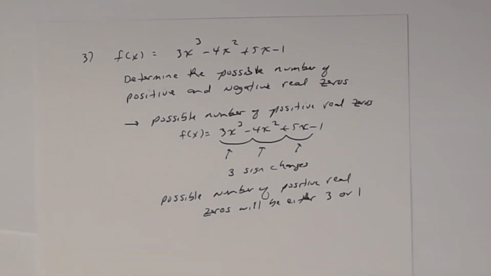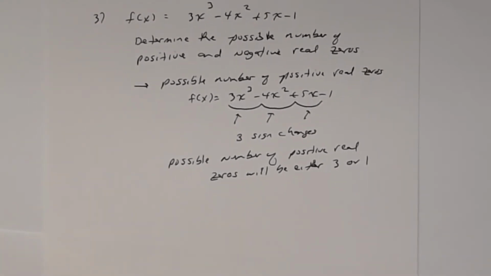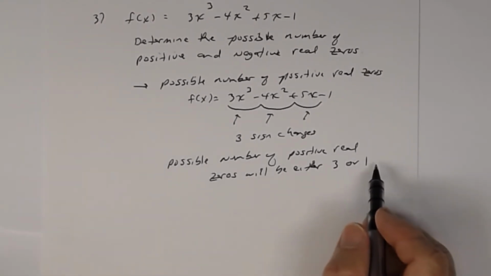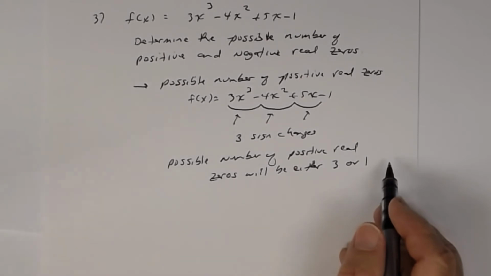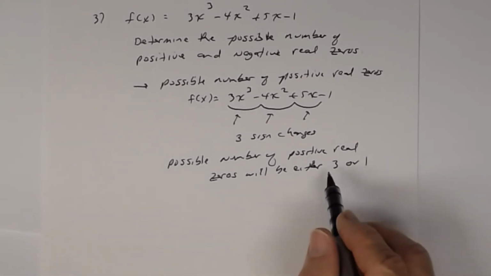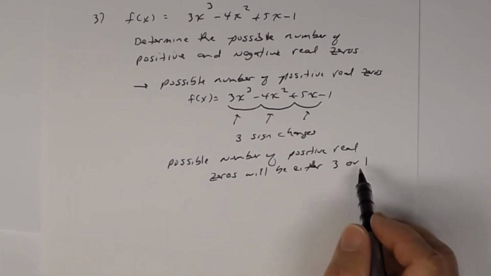You'll have either 3 or 1. You either stop at 1 or 0. Don't say 3, 1, negative 1, because you can't have a negative number of zeros. You're either going to have 3 zeros or you're going to have 1 zero. Okay?